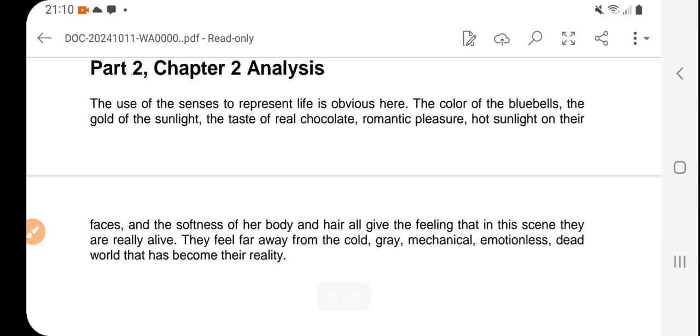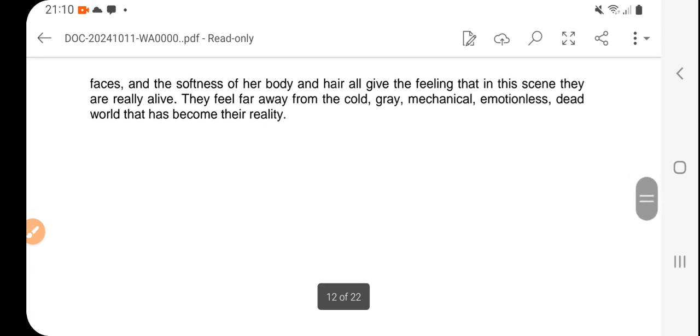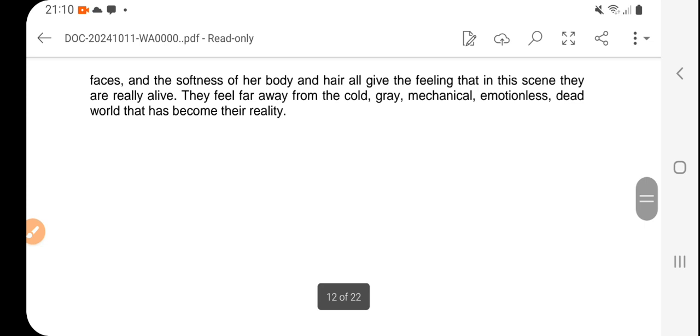Now, the use of the senses to represent life is obvious here. The color of bluebells, the gold of sunlight, the taste of real chocolate, romantic pleasure, hot sunlight on their faces, and the softness of her body and hair all give the feeling that in this scene they are really alive, because otherwise they are dead without feelings.